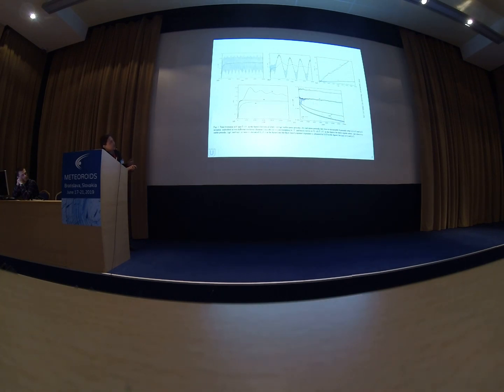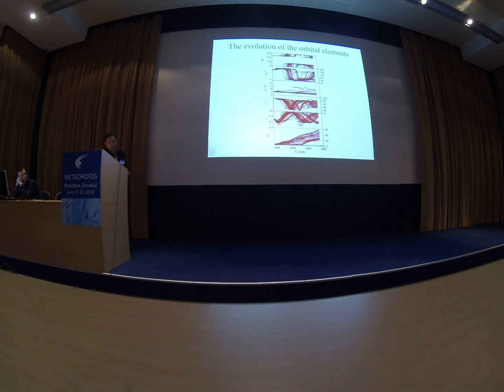But if you look at the next moment, after 200,000 years and 10,000 years, this parameter stabilizes, which presents a quasi-periodic orbit. We thought about it and suggested that the same may happen in simulation when the numerical integration is performed for a long period of time. This is one of the test particles for one ejection.